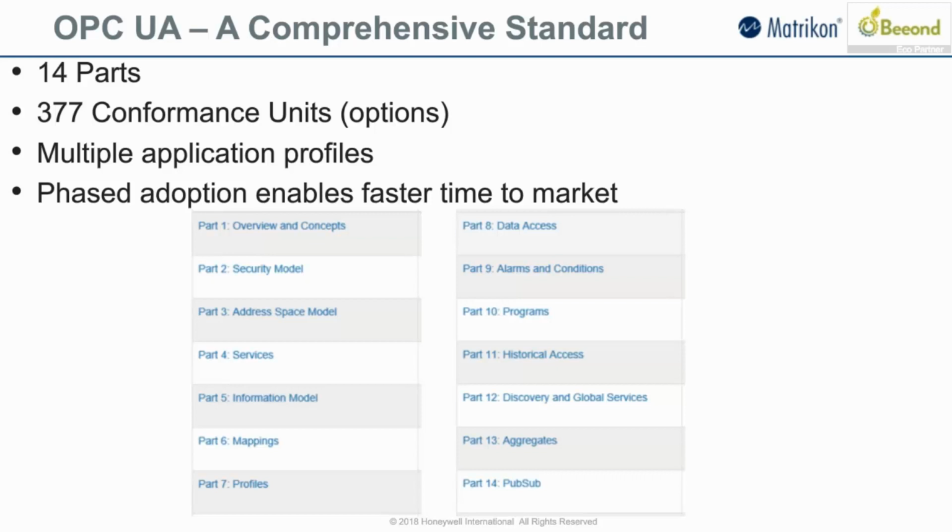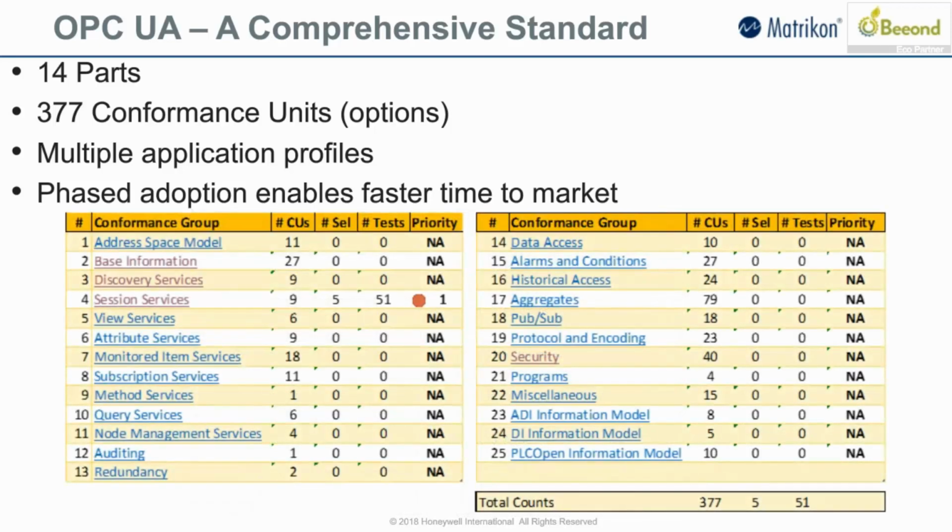There's 377 conformance units. As shown here, these are just the groupings of them. Conformance units are different types of requirements and options. There's security, for instance, that has many different conformance options.